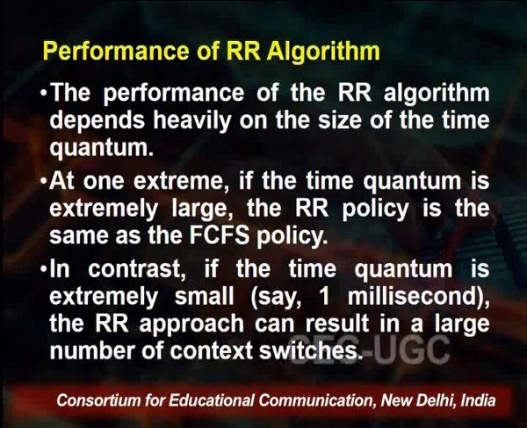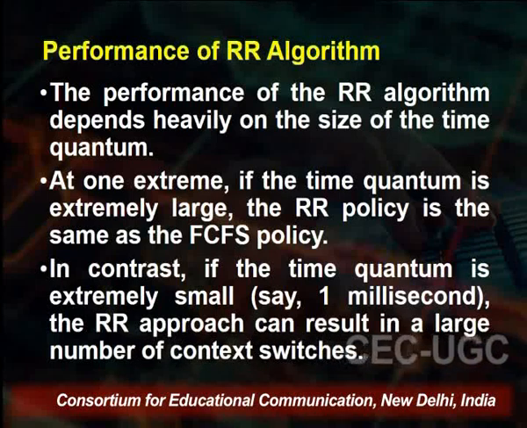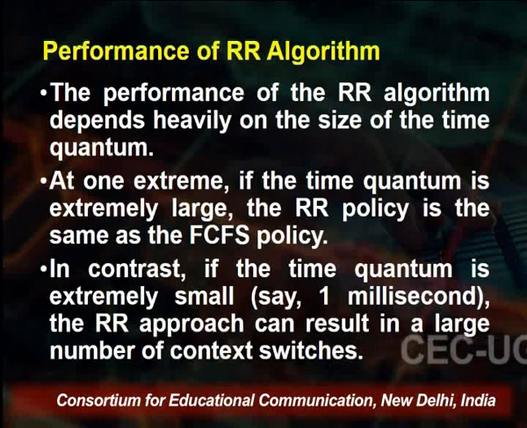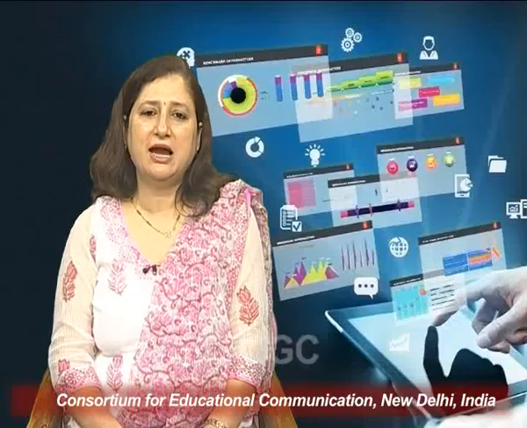Because the process will not be preempted and it will have the CPU with itself unless it gives it to the next. But if you keep a time quantum of very small, say for example 1 millisecond, then it will require a large number of context switches. That is, after every 1 millisecond, the CPU will have to switch to the other process. So, this is another overhead which is added.